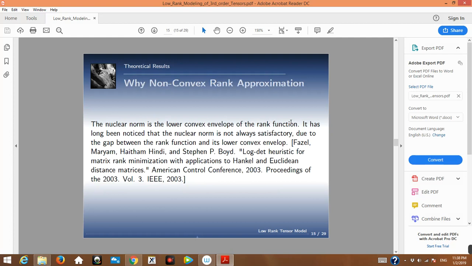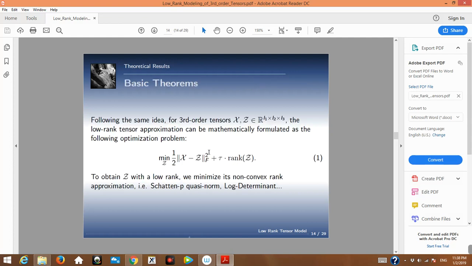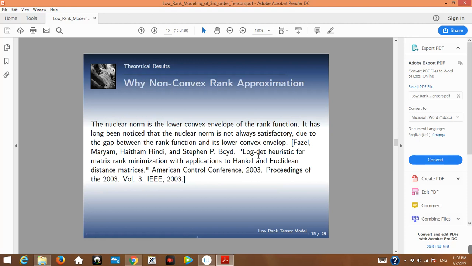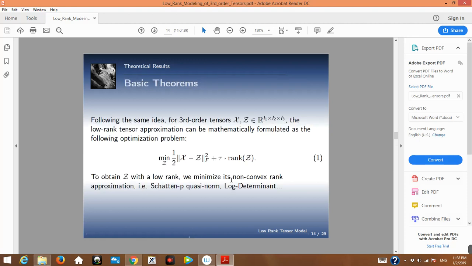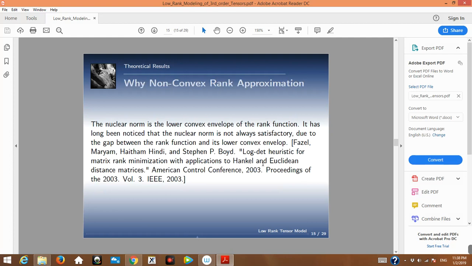However, it has been noticed that the nuclear norm is not always good because there is a gap between the nuclear norm and the rank of Z. The nuclear norm takes the summation of all the singular values, while the rank of Z counts how many nonzero singular values we have. This was pointed out by Fazel, Maryam and Stephen Boyd.